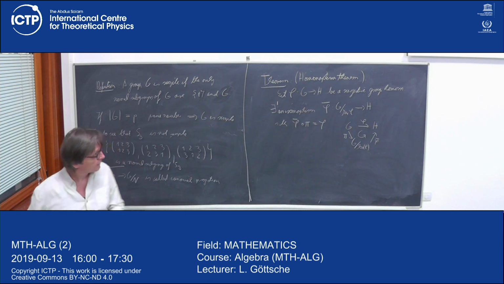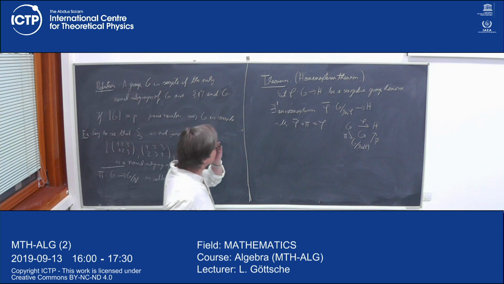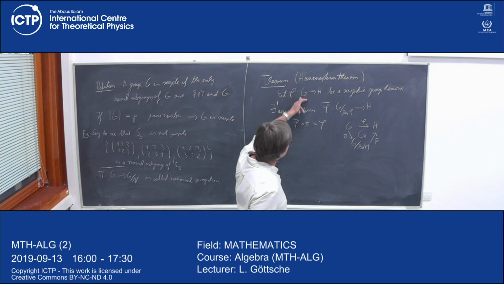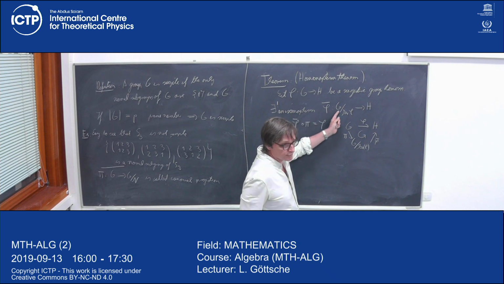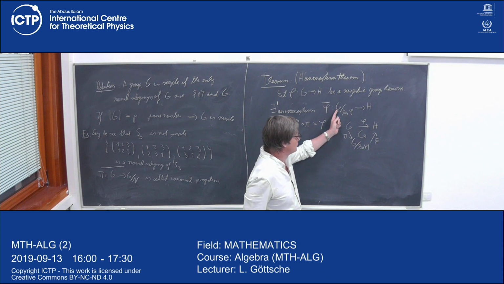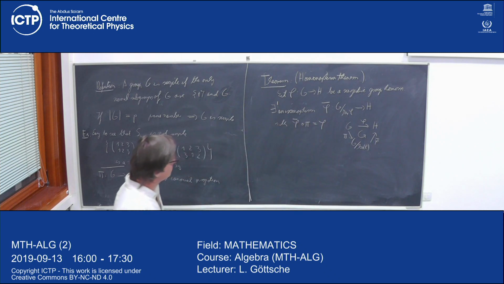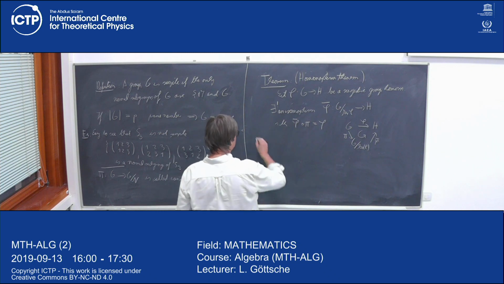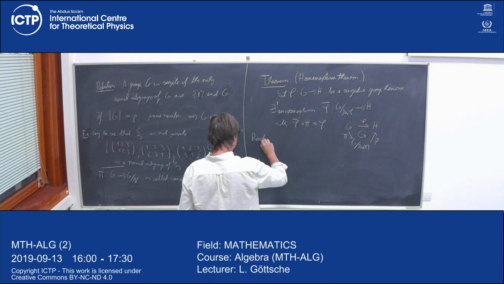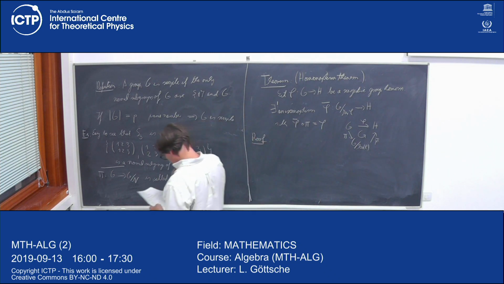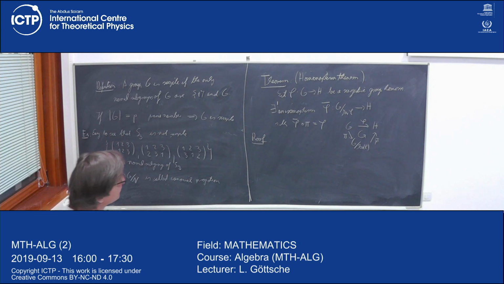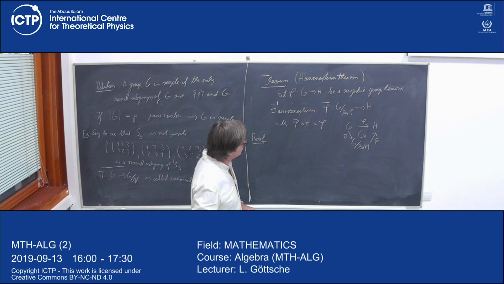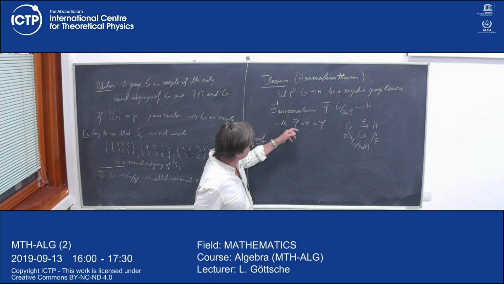So at any rate, it says that if I have a surjective group homomorphism, we can always view it as a projection of G to G modulo the kernel. So it takes almost longer to state than to prove. So we have put this condition here.